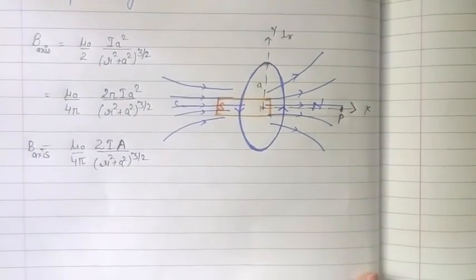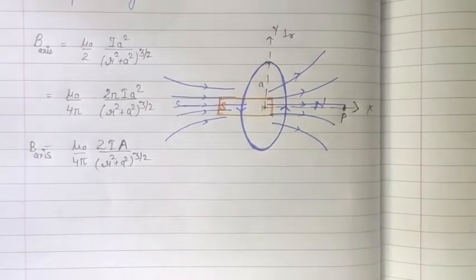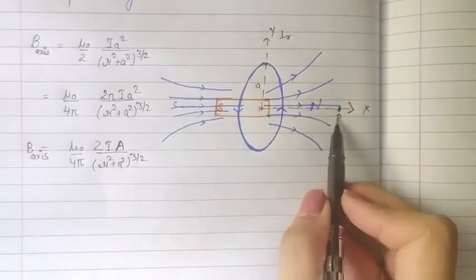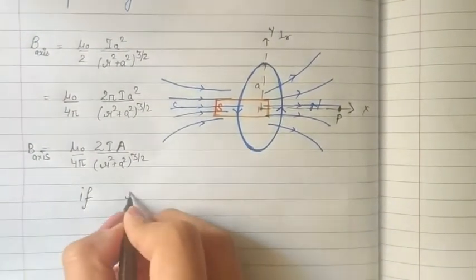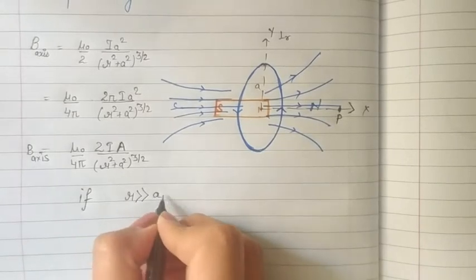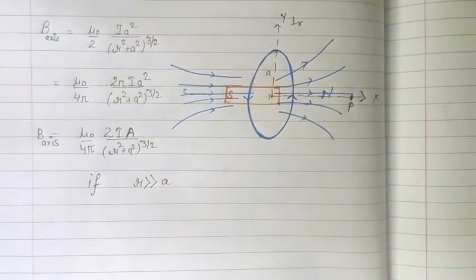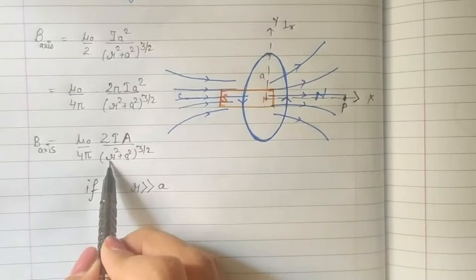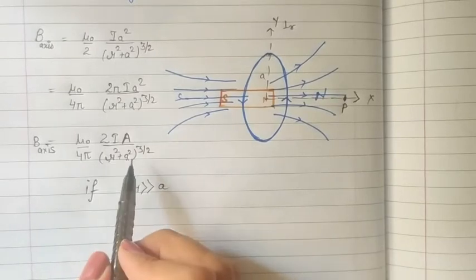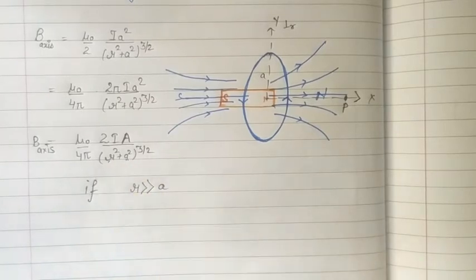Now if we consider that the point we are assuming is at a very large distance, or if we assume that r is much greater than a, the radius of the loop, then we can neglect small a with respect to r in the denominator. We can neglect the term a square with respect to r square in the denominator.